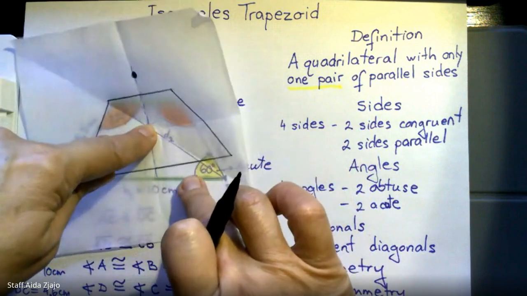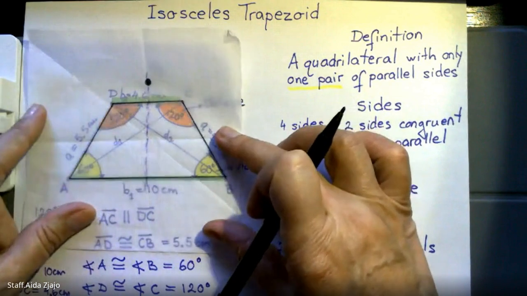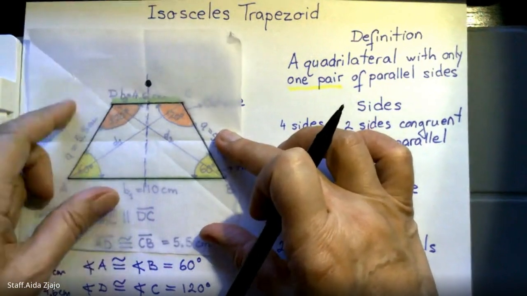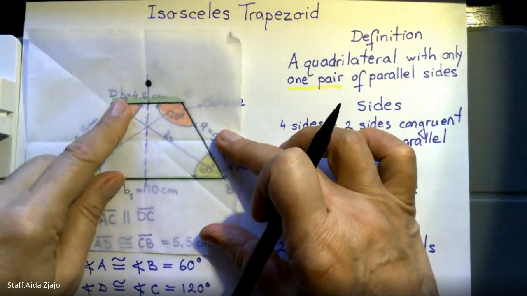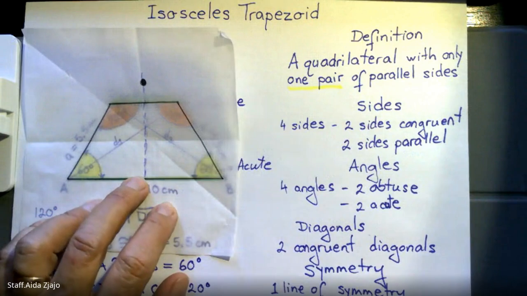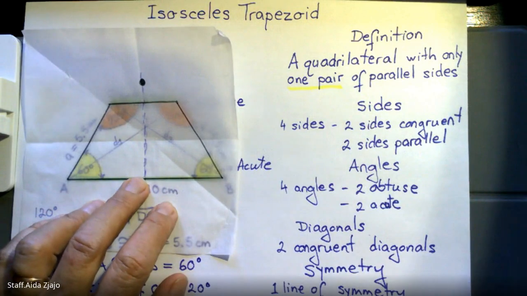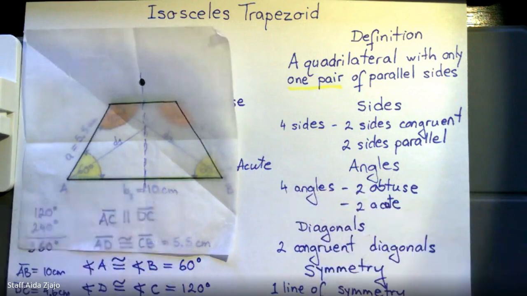So I moved the whole shape around, and it didn't come to the same spot, same exact shape. So this trapezoid does not have rotational symmetry. It has zero rotational symmetry.